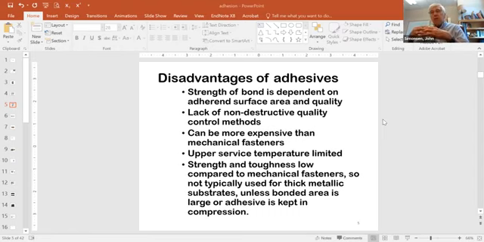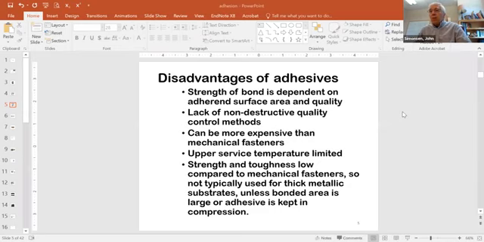You can bend it, and as long as you stay in the elastic region, you can get a number for stiffness, and then that'll be non-destructive. So there are some ways, but for strength, you just have to break it, right? And of course, while it can be cheaper, it can also be more expensive than mechanical fasteners.